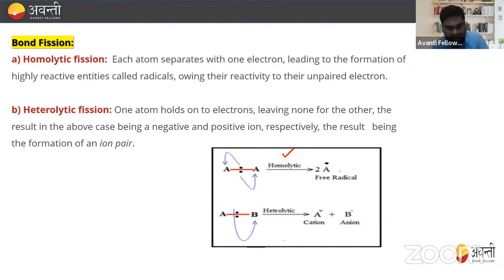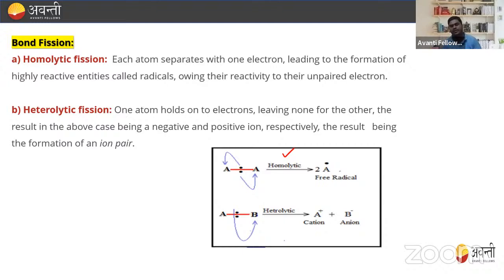Now, heterolytic fission basically arises when, of the two atoms, one atom is highly electronegative. If the two atoms are of the same nature, like a diatomic molecule N2, H2, O2, then homolytic fission will take place. But if I'm talking about a molecule like HF, in which an electronegativity difference is present, then the bond breaks in such a way that both the electrons are taken by the highly electronegative element.